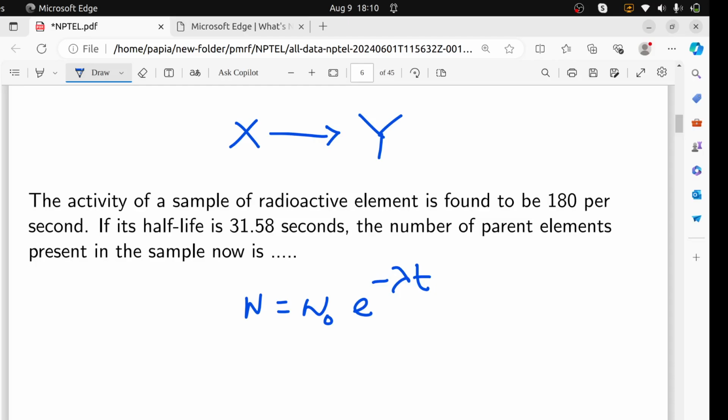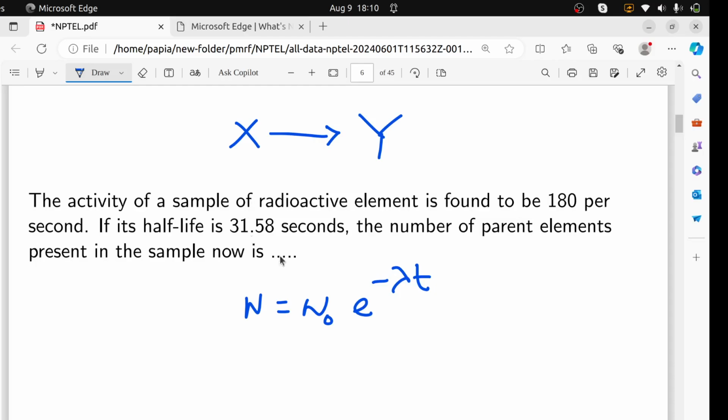The number of daughter particles will simply be N0 minus N, because previously it was N0 for X, and right now N is for X. So this is the one and only expression for the radioactive chapter.